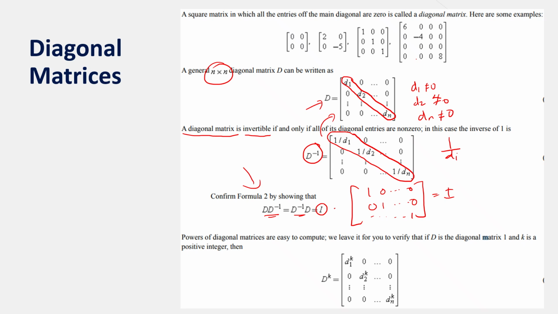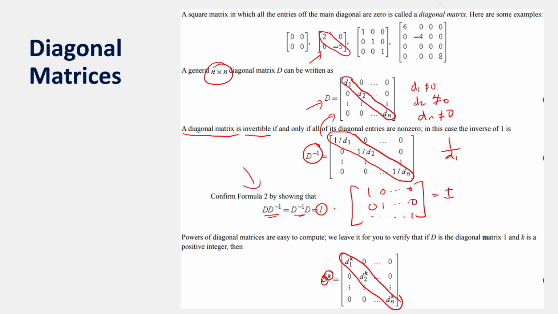We can also talk about the power of a diagonal matrix, which is easy to compute. Whenever you have a matrix D, for example the one we used earlier, to the power of k, you just need to calculate the power of k of each diagonal entry. For example, in this one all the values are other than 0, so it's invertible.